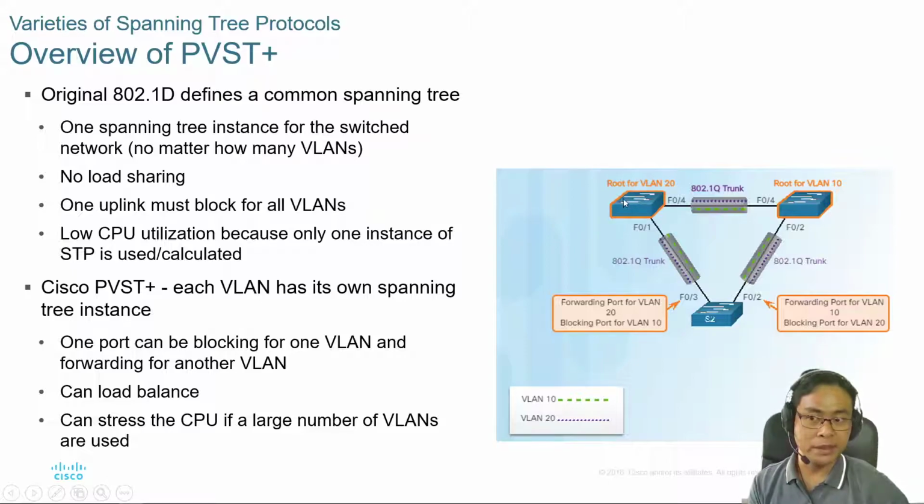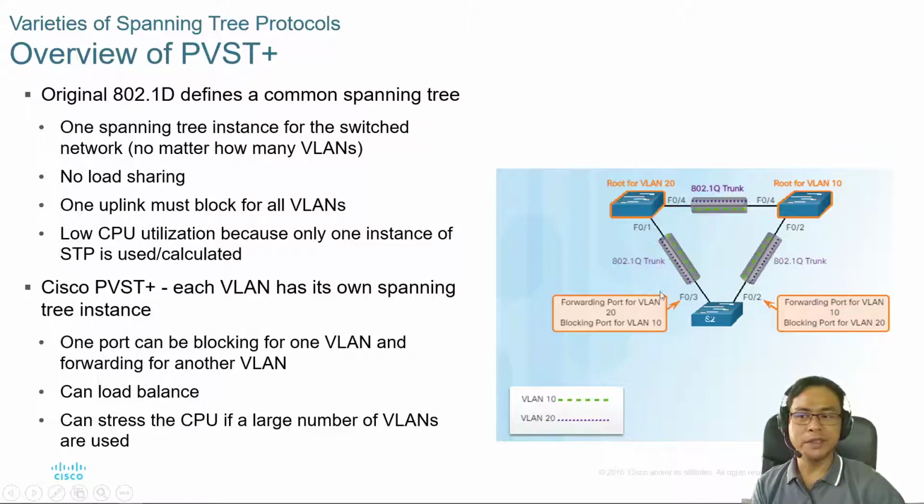In this case, the root bridge for VLAN 10 is this switch and the root bridge for VLAN 20 is this switch, di ba? So, syempre, kung ganun na mangyayari, malamang makikita nyo na doon pa lang sa distance that the VLAN 20's alternate port or blocking port is somewhere in this area. Okay? So in that case, ito nga yung Fa0/2 yung blocking niya. At yung blocking naman ni VLAN 10, somewhere around this area, which is ito, yung Fa0/3.